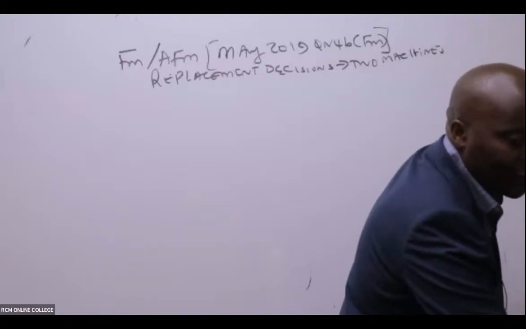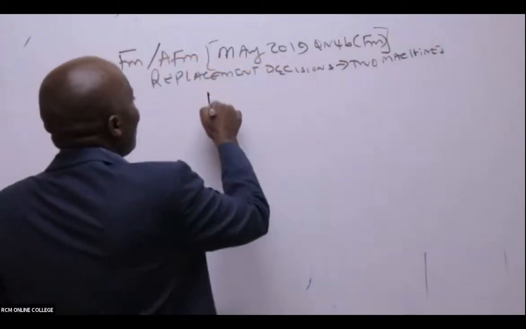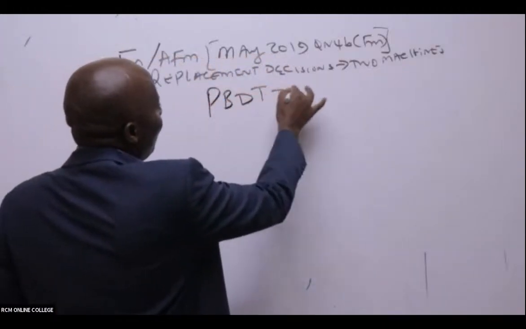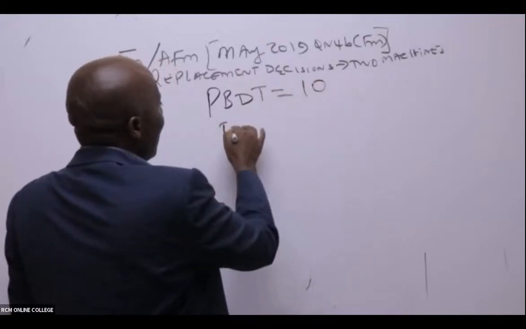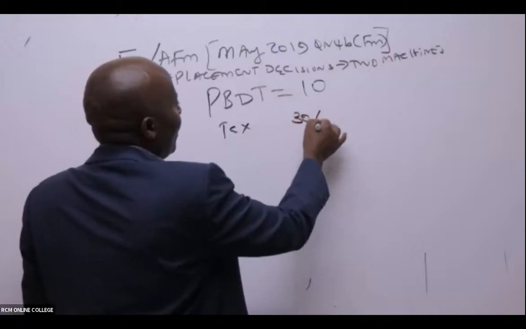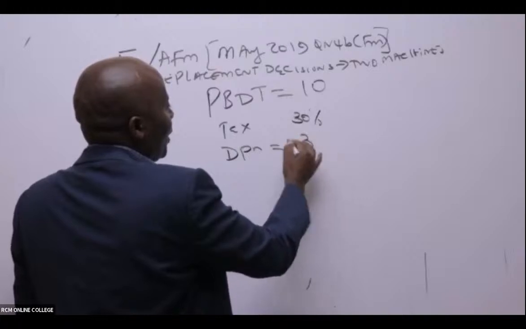But before I start doing it, I want us to remind ourselves. If you are given profit before depreciation and tax of say 10, and then we have tax of 30%, and then they have given us depreciation of say 3.